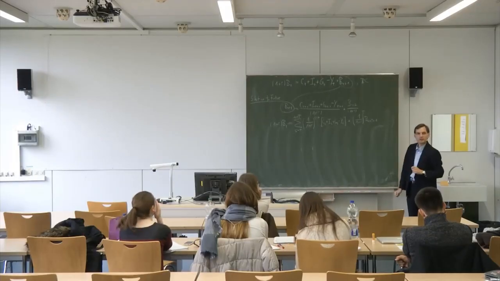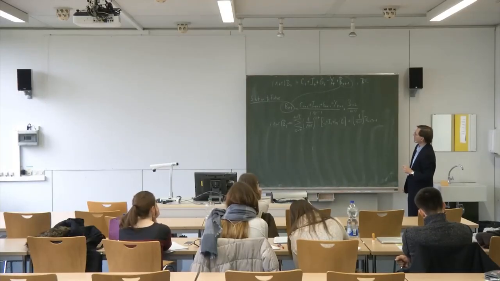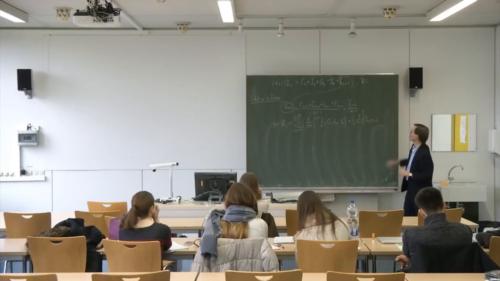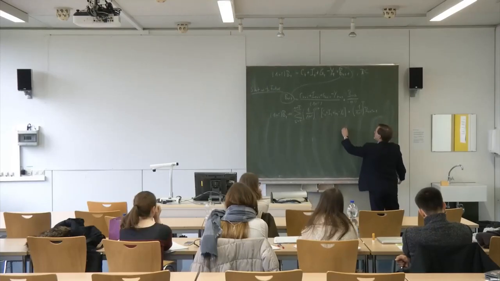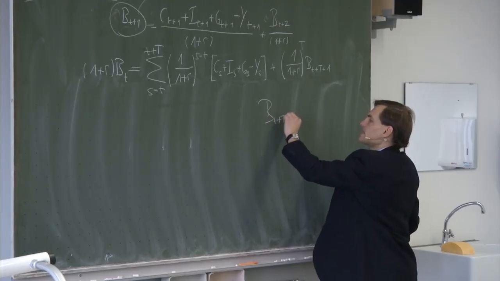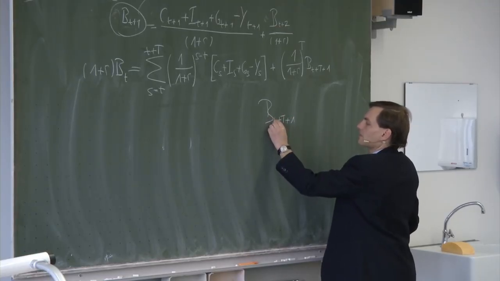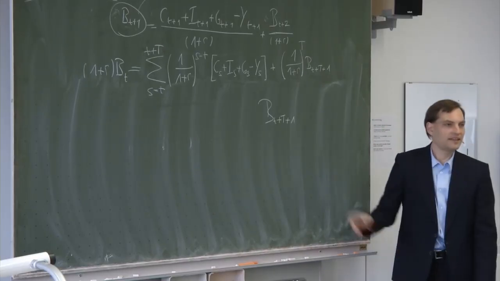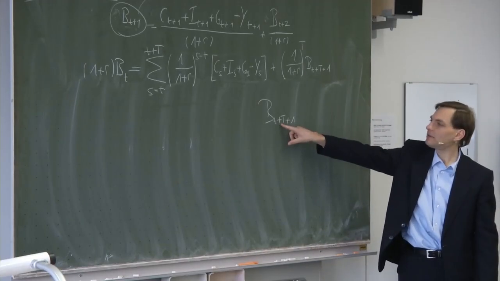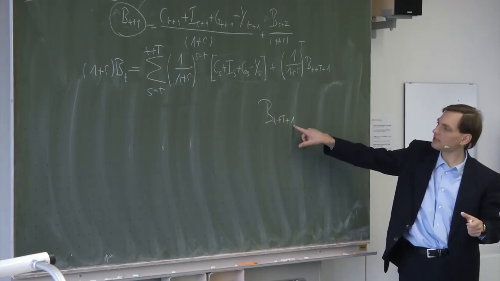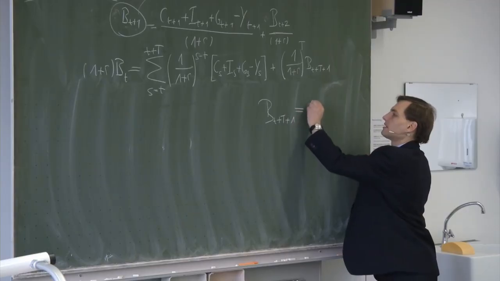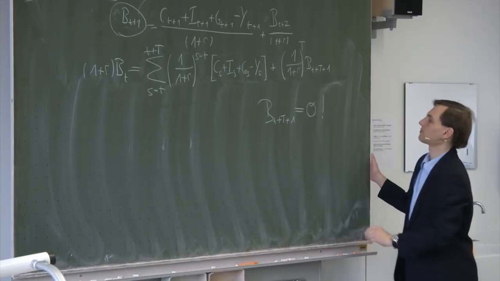So take a close look at this one. To make it even more meaningful, let me discuss in more detail this final B_{T+1}. And what I'm arguing is that this B_{T+1} is 0. This term is 0.